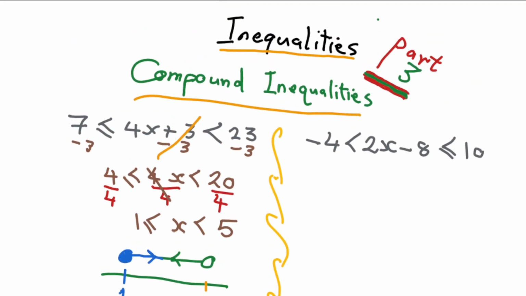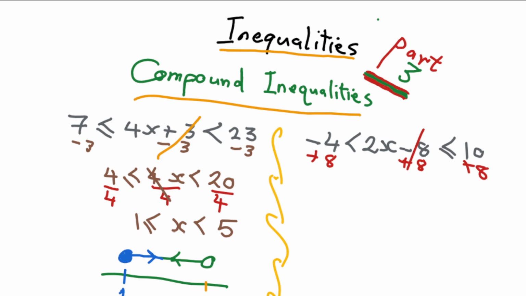Now we have minus 4 is less than 2x plus minus 8 is less than 10. Let's quickly solve this. So similarly, I'll want to get rid of the negative 8 and the 2. So I'll do plus 8, plus 8, plus 8, to cancel this.